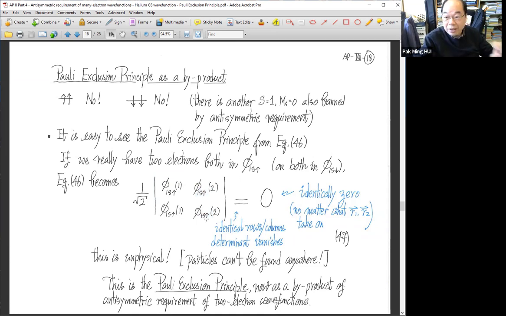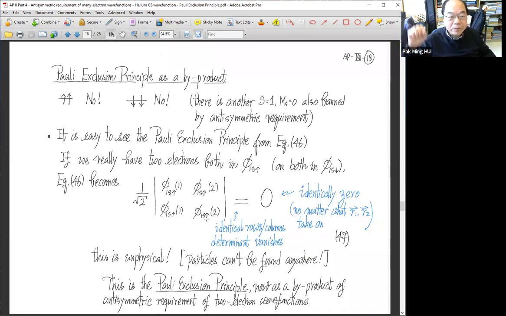Okay? So we have learned new things today. Electron wave function antisymmetric, that is a general principle. In terms of single electron states, those we obtained from independent particle approximation, we have the label 1s, 2s, and so on. Okay, we know how to write it out. It's a Slater determinant.